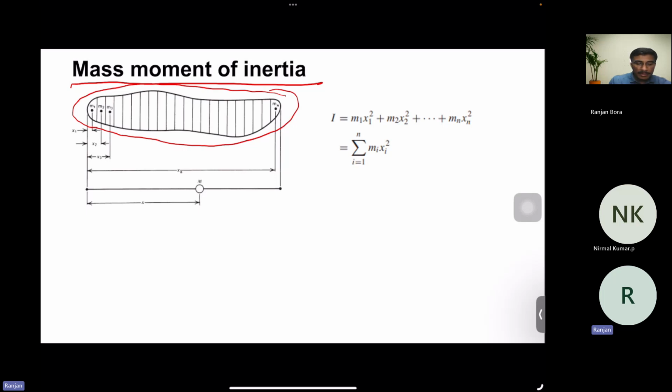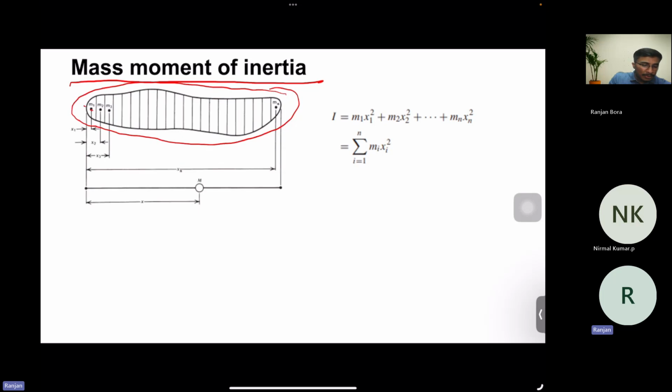Now if we divide this object into n number of small objects such that each small object has a mass m1, and we consider this as the axis of rotation, the distance between the axis of rotation and the center of gravity of each small object is represented by x.